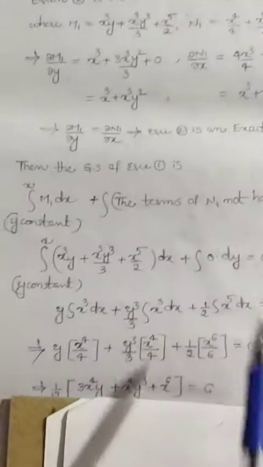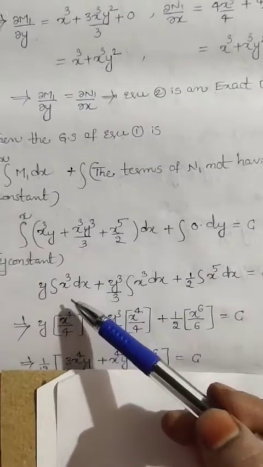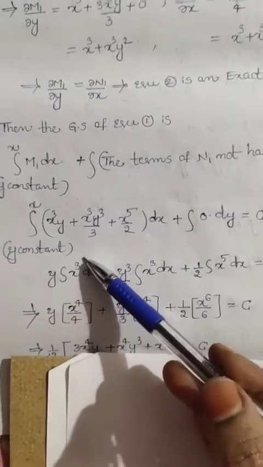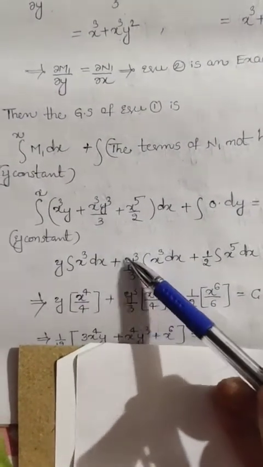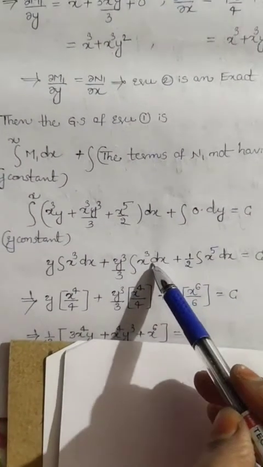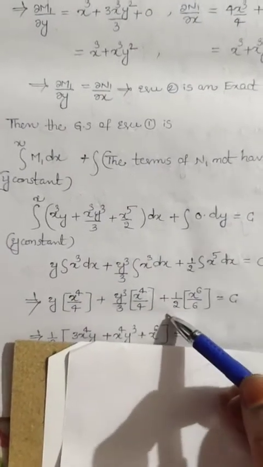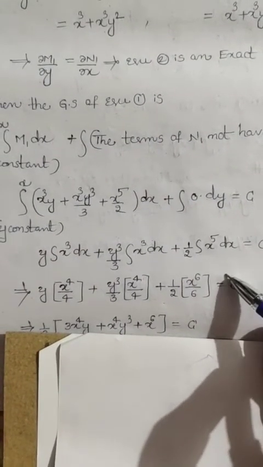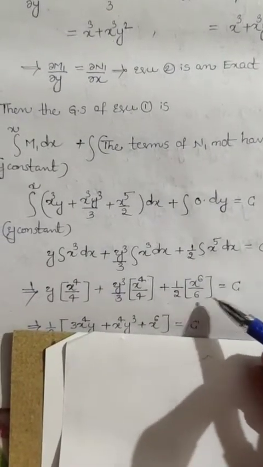The integral of x to the power of n dx is x to the power of n plus 1 by n plus 1. So x to the power of 3 plus 1 by 3 plus 1, that is x power 4 by 4, giving y times x power 4 by 4 plus y cube by 3 times x power 4 by 4 plus 1 by 2 times x power 6 by 6, equal to c.